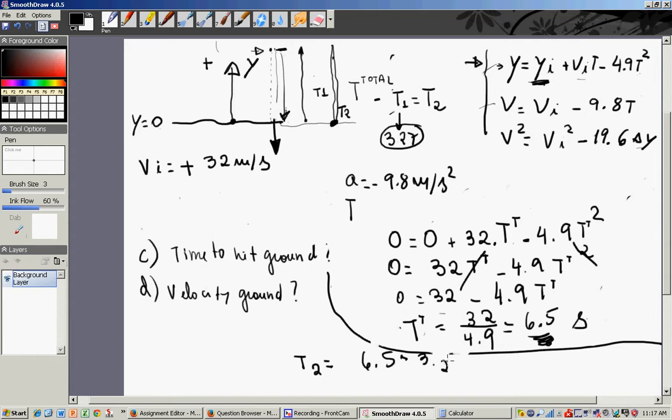So then you take the time for going down, or my T2, is going to be 6.5 minus 3.27, and you're going to get your 3.27. Of course, there is some little imprecision here in the calculation, but that's the idea.